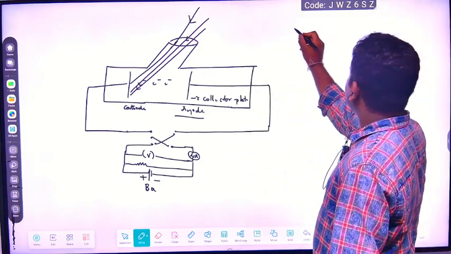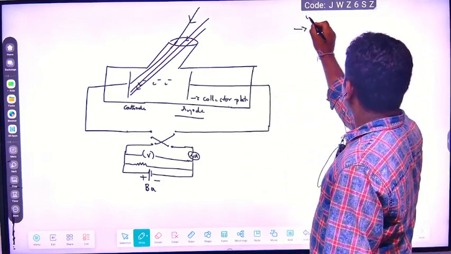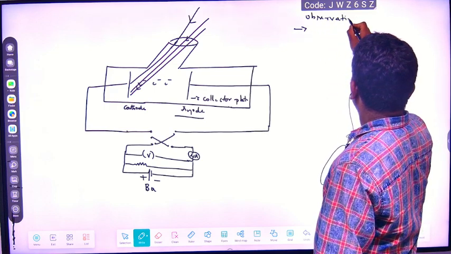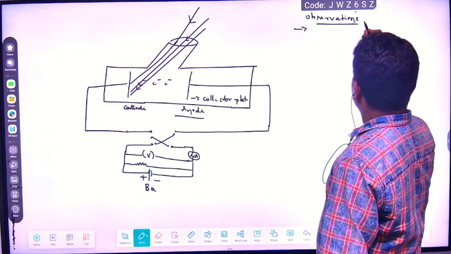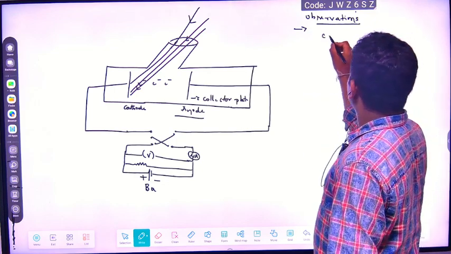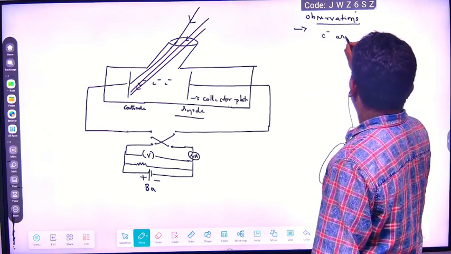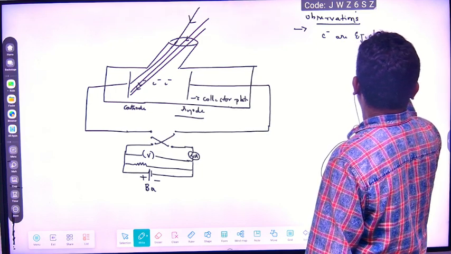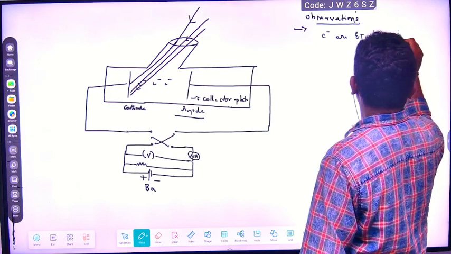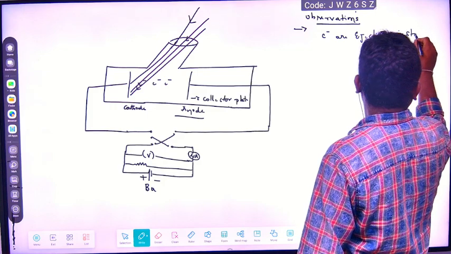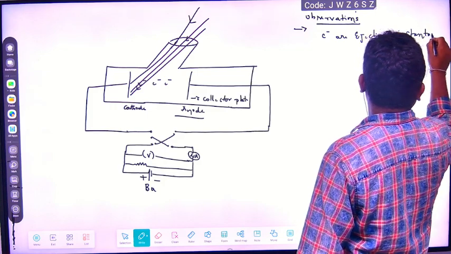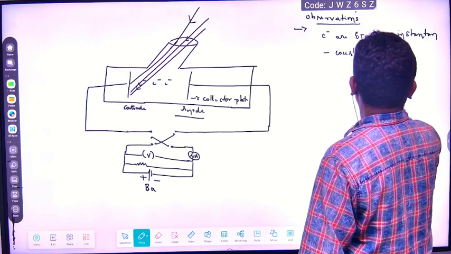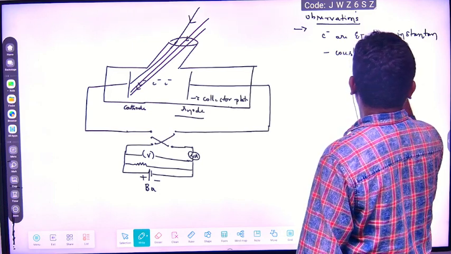So the observation from this experiment is that the electrons are ejected from the metal plate instantaneously. Instantaneously is how much? Within 10 to the power minus 8 or 9 seconds.